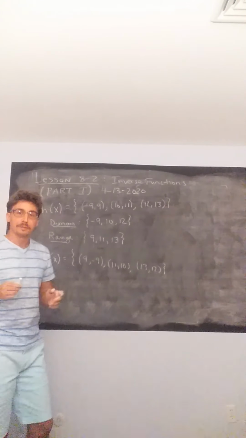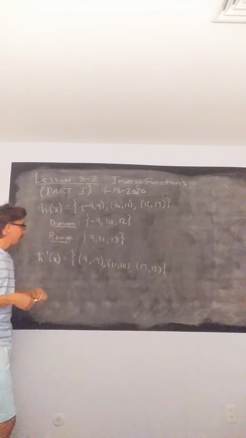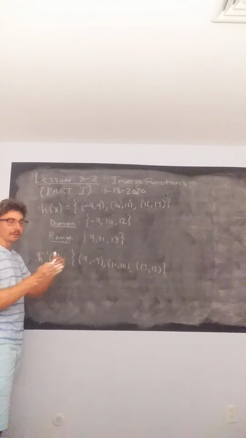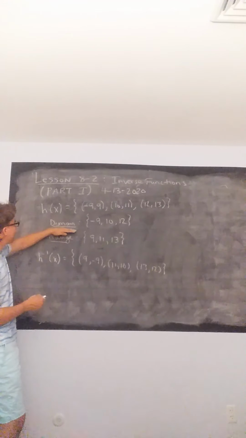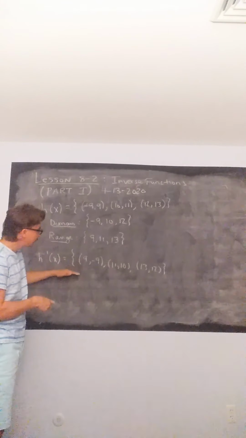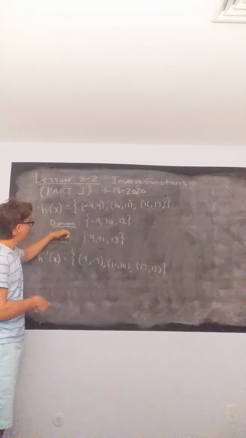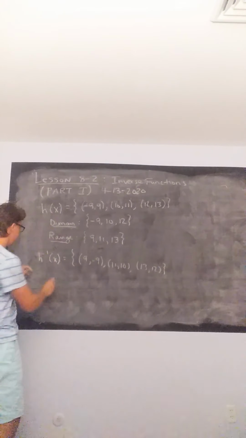Now, for those who've been following along, this should be very easy for you, because if you understand the swapping between domain and range of the function and its inverse, you'll notice that the domain of h is actually the range of h inverse, and the range of h is the domain of h inverse. The domain and range swap.